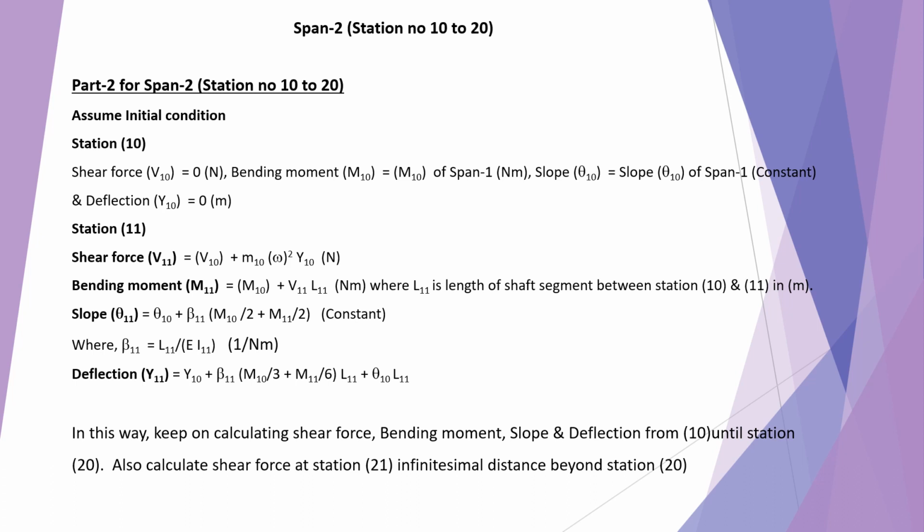Deflection Y11 is equal to Y10 plus beta 11 into bracket start M10 by 3 plus M11 by 6 bracket close into L11 plus theta 10 into L11. In this way, keep on calculating shear force, bending moment, slope and deflection from station 10 until station 20, and also calculate shear force at station 21, which is an infinitely small distance beyond station 20.